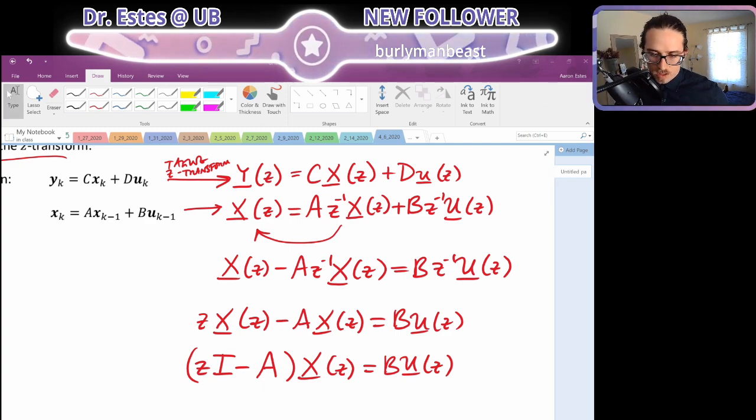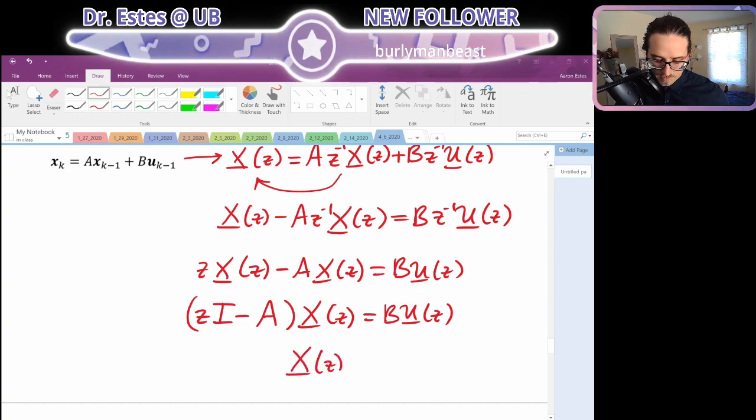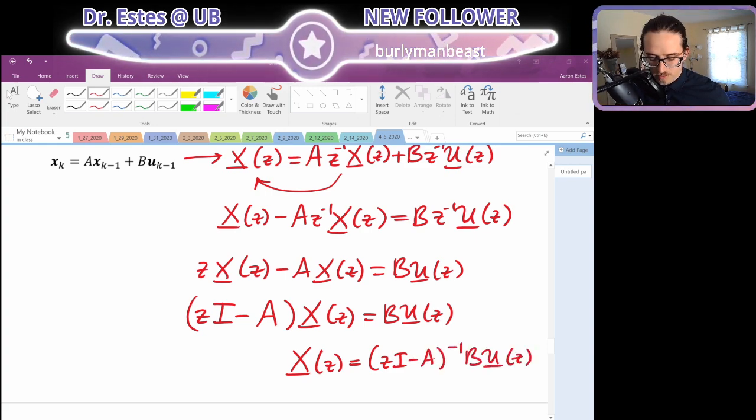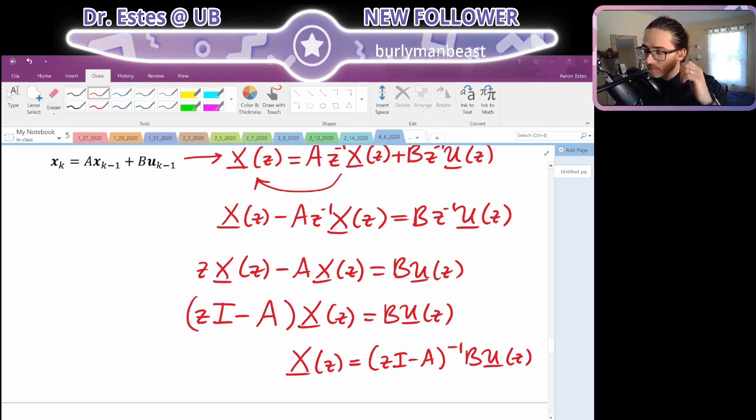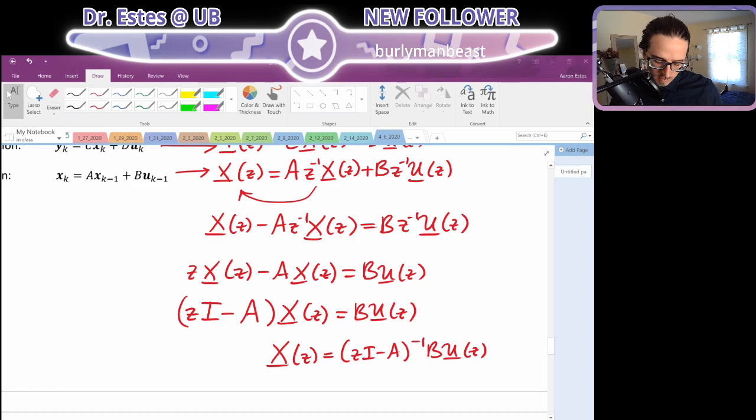And then to solve for X(z), I have to multiply the left and right sides by the inverse of this matrix, and you're left with this.